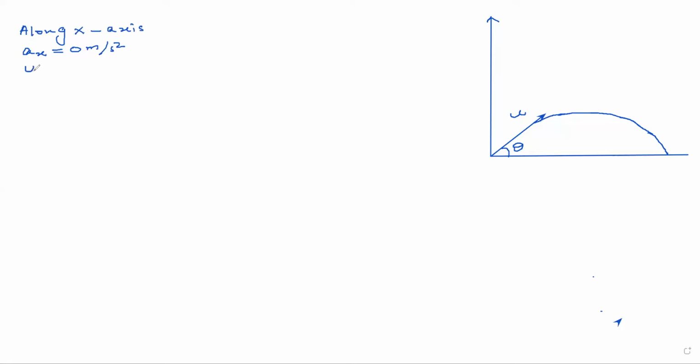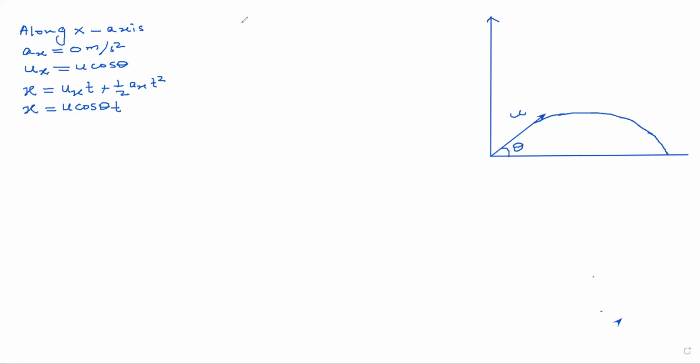Then we have ux, the x component of the initial velocity, equal to u cos theta. x is equal to uxt plus half axt square. As ax is 0, we simply have x is equal to u cos theta into t.